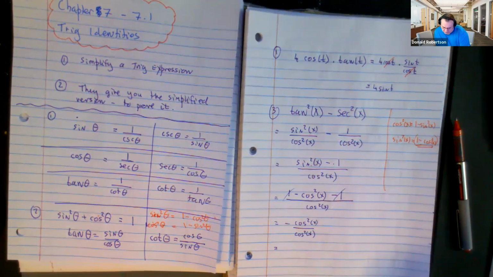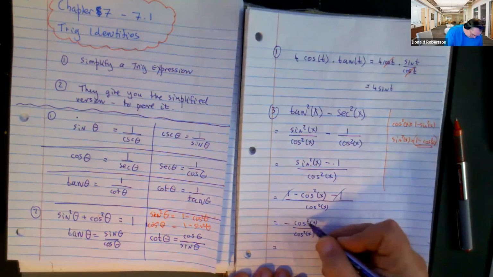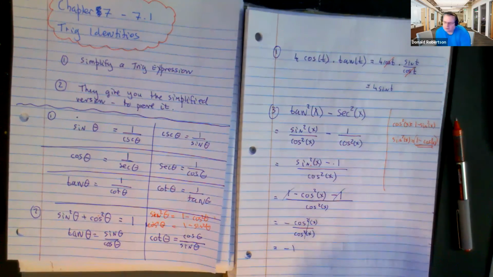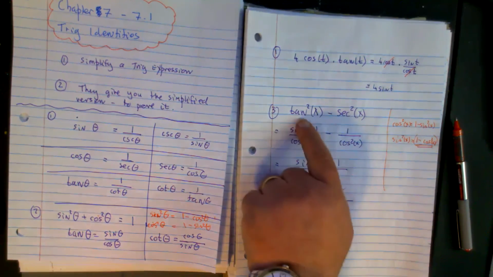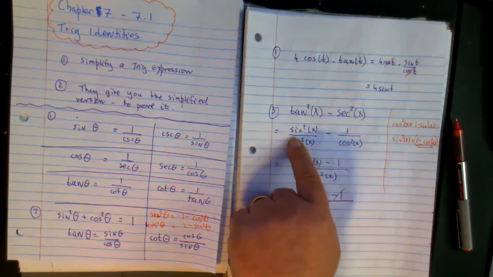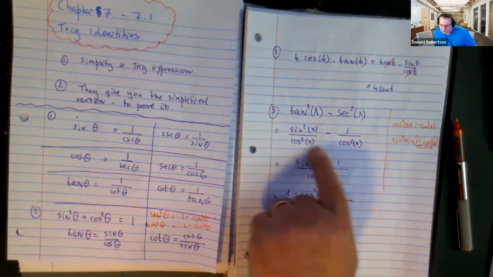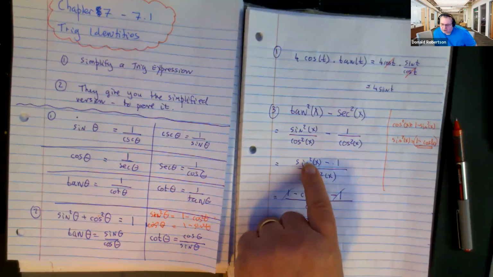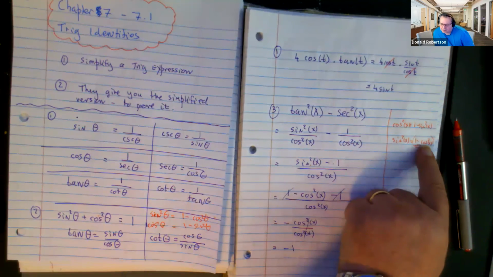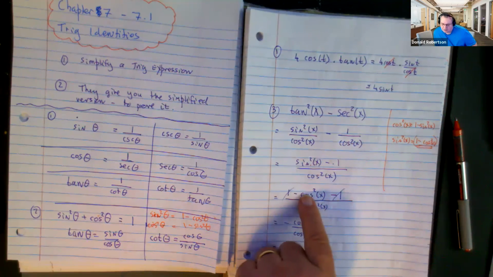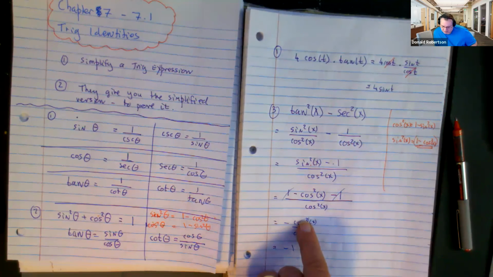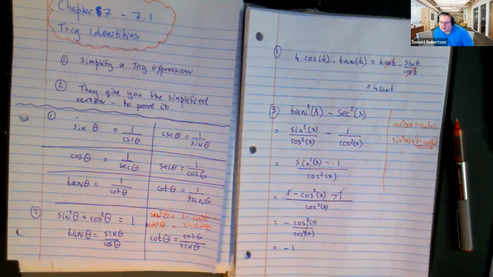Negative cos squared over a cos squared. Shouldn't they cancel? And the answer? -1. So that expression, turning everybody into sines and cosines, collecting them together, and then realizing that sine squared could be written in this format, and then you get to here, and then you get a nice cancel.